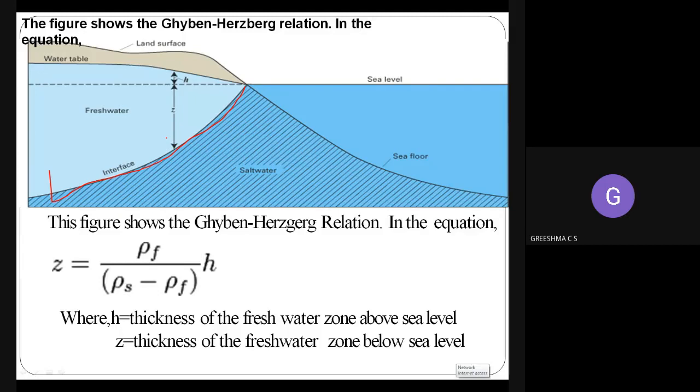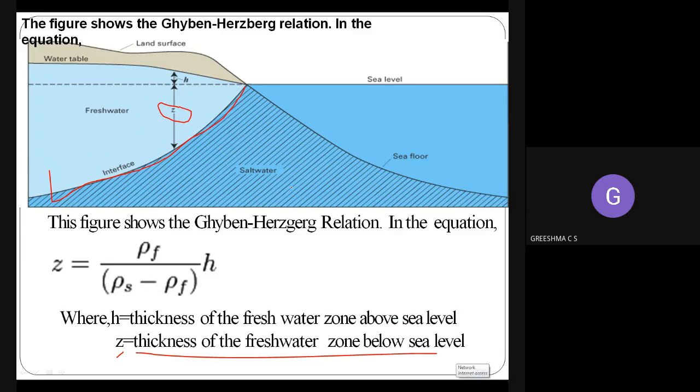Based on this, they have made a relation. Here Z stands for the thickness of the fresh water zone below the sea level, that is, the depth of the fresh water zone, which we take as Z. H is the thickness of the fresh water zone above the sea level.